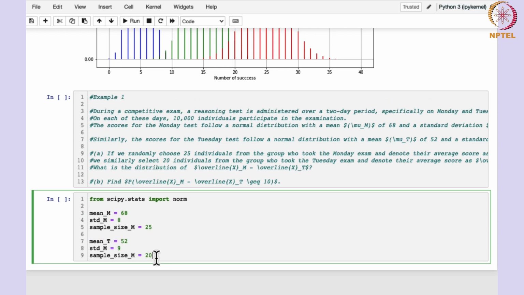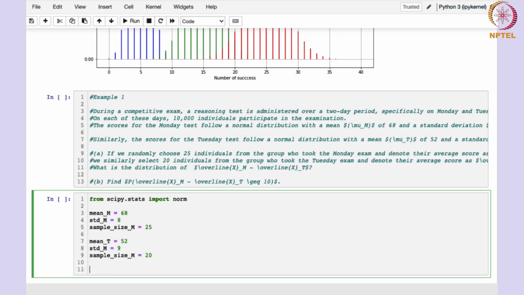Right? Now, these are the parameters that have been defined. Now you need to calculate the sample means for both of them so that you can calculate the mean difference, that is x1 bar minus x2 bar, which is what you are interested in.